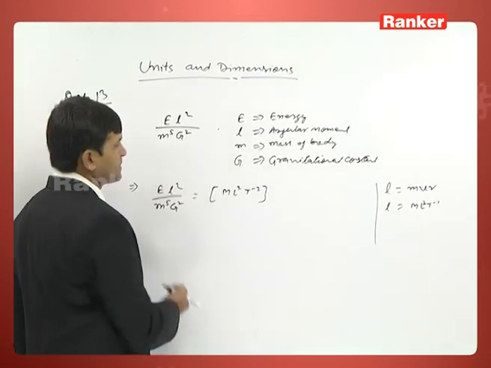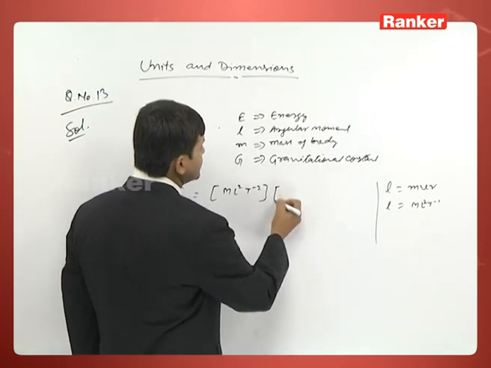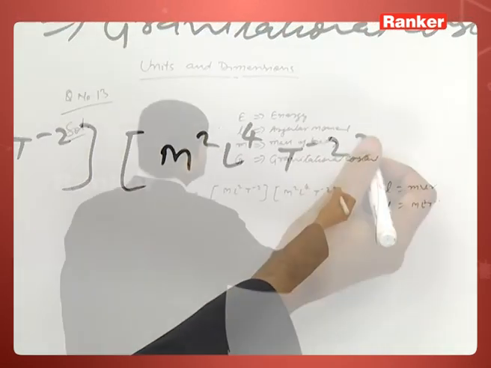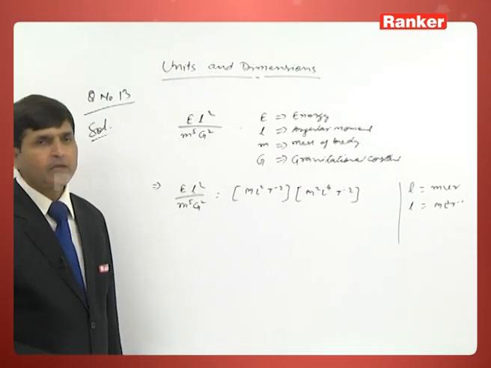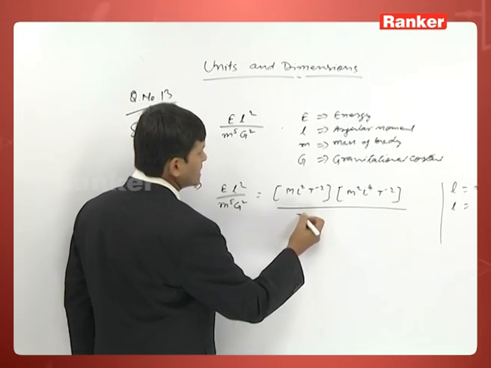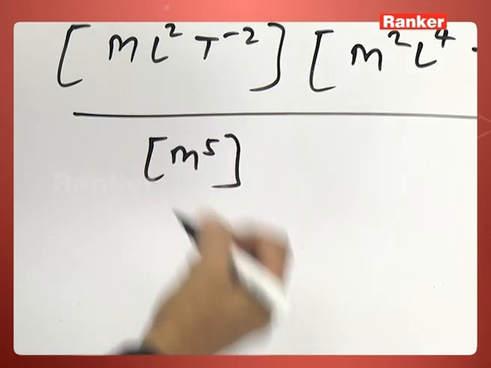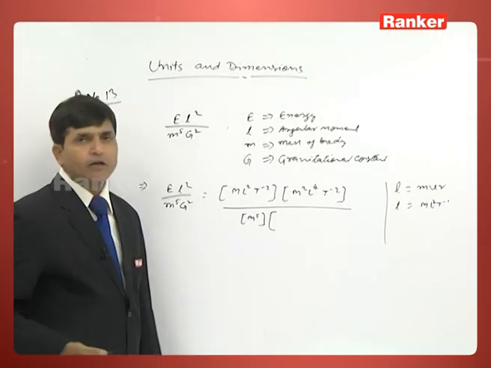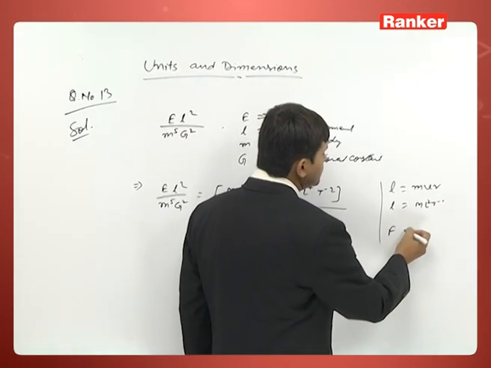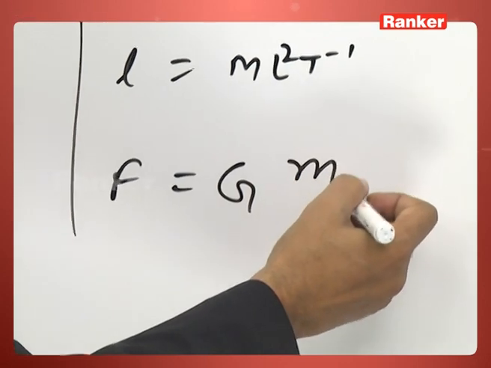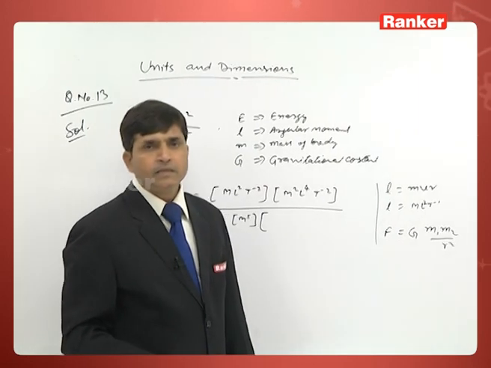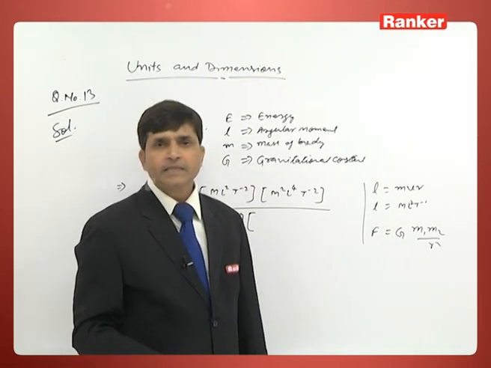So the dimension of L square means M square L to the power 4 T minus 2. This is the dimension of your L square. Now mass, dimension of mass capital M, M to the power 5. Now G. To see the relation for F and G, as we know, F is equal to G m1 m2 by r square, where F is the force between the two masses.